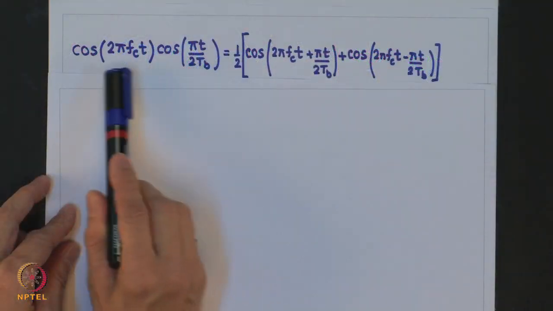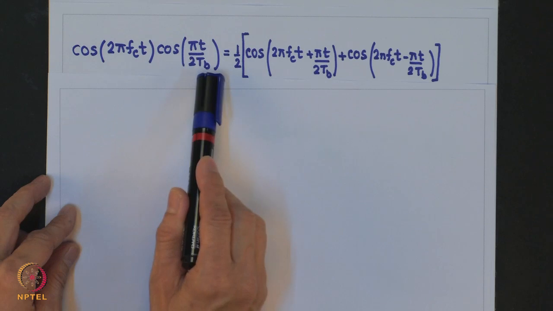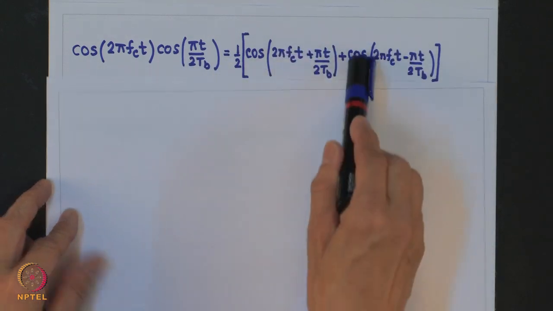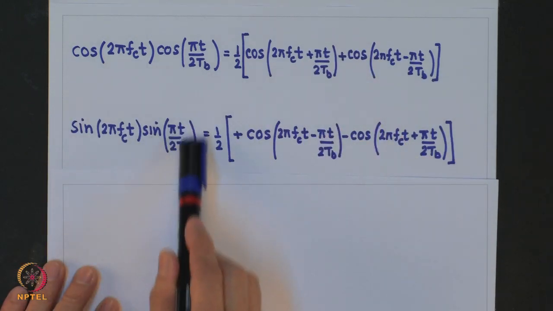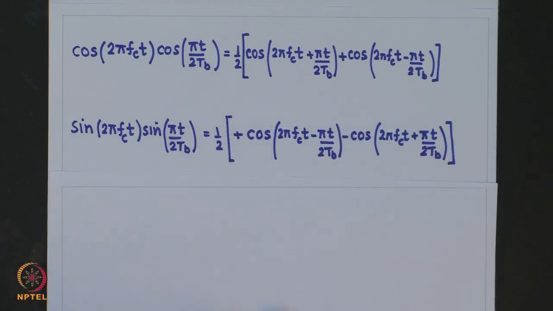Now we will try to find the modulator for the MSK. To do that, let us quickly write down the trigonometric identity. cos 2 pi f c t multiplied by cos pi t over 2Tb is given by what is shown here on the right hand side, and similarly sin 2 pi f c t sin pi t over 2Tb is given here on the right hand side.